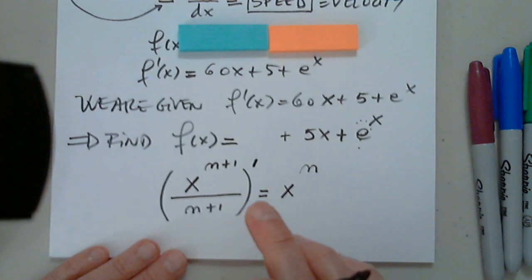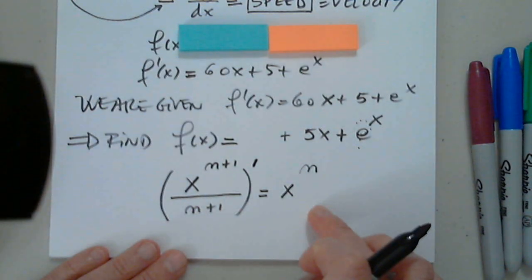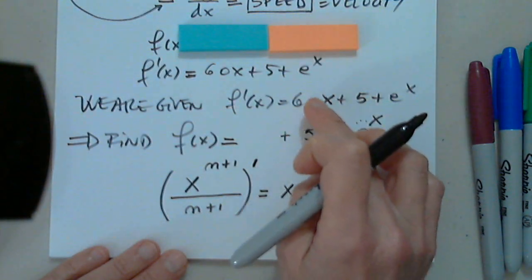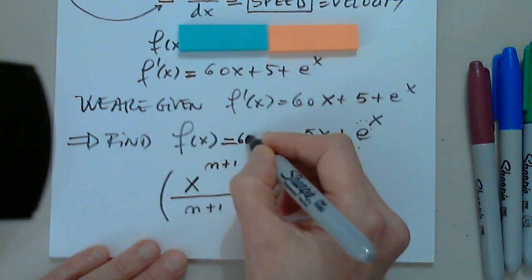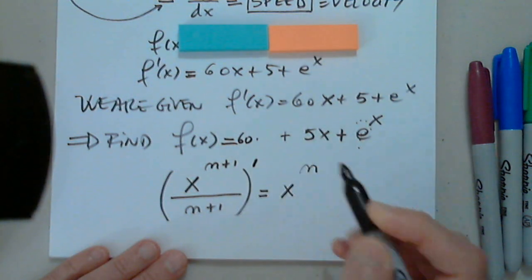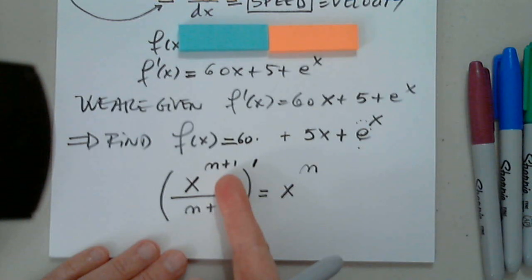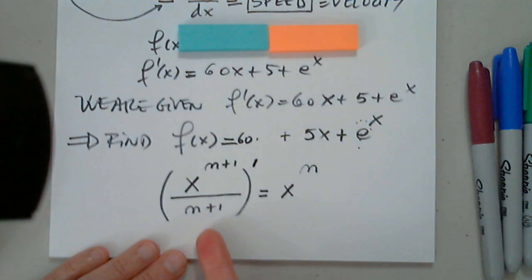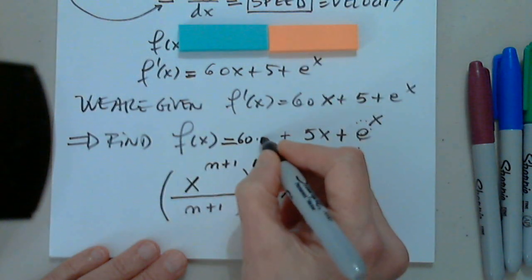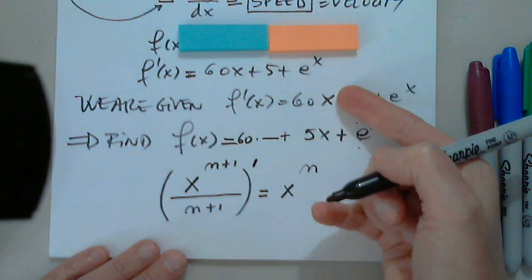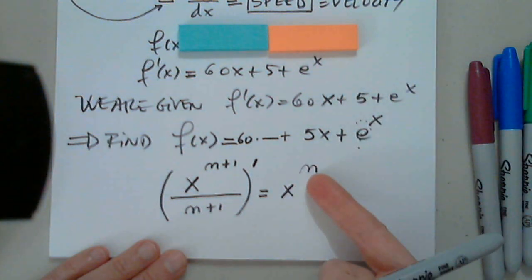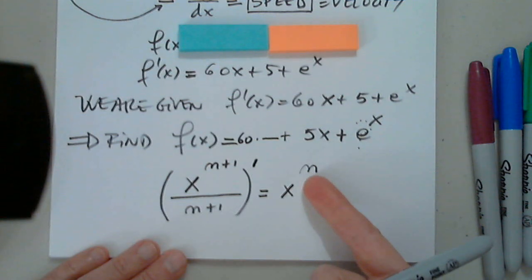So look what happens here. In order to undo this process, all I have to do is copy the number that doesn't change, increase the power by 1, and divide by that new power. So what is the power of x here? 1.